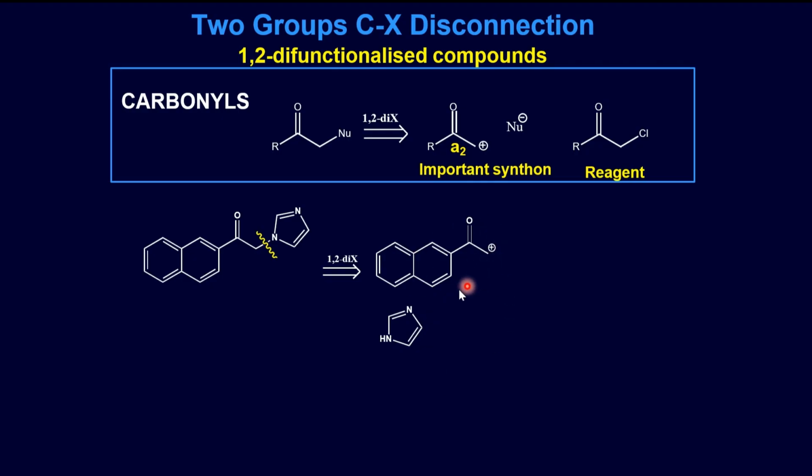To get this acceptor synthon, I'll add an electron withdrawing group and an easy leaving group like halogen. I'll get the corresponding CH2Cl. The lone pair of electrons on the nitrogen attacks this carbon owing to the positive center. Halogen gets kicked off as it's an easy leaving group, and I'll get the target molecule.